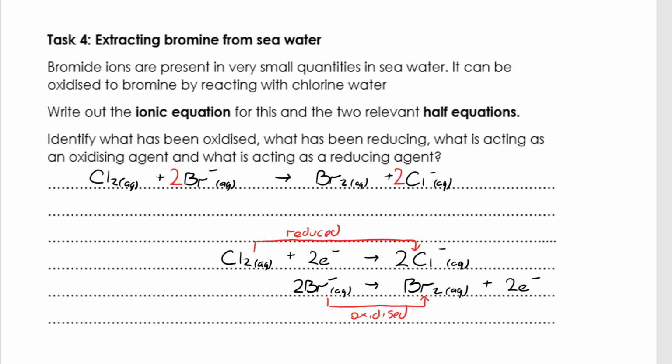The oxidation state is going up, and we know it's oxidation because electrons are being lost. We know they're lost because they're added on the right-hand side. And then, finally, as I've already touched on earlier, if something is reduced, it's acting as an oxidizing agent, and if something is oxidized, it's acting as a reducing agent.